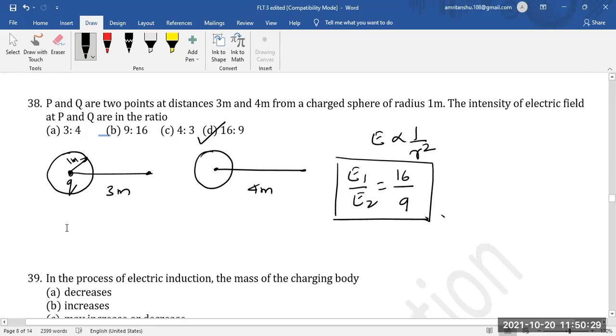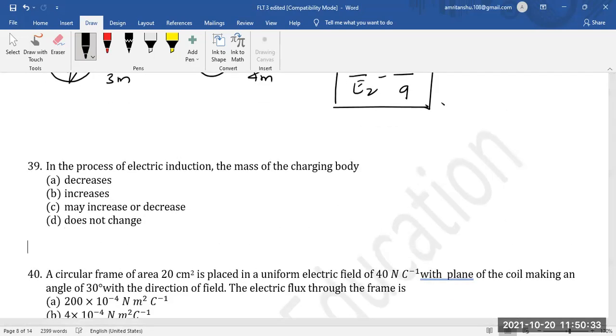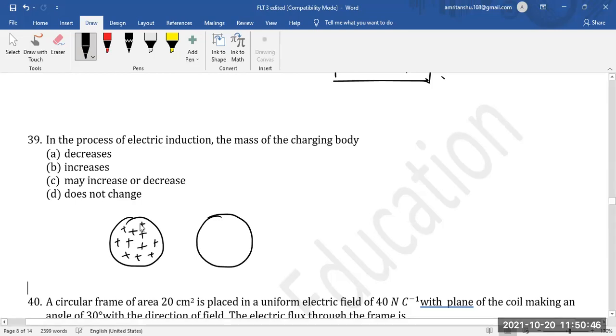Moving on to question number 39. What happens in the process of electric induction? First we have to know that if, let's say, a positively charged plate is brought near a conducting material, negative charge appears here and positive charge appears here. Because the charge is appearing from itself, there is no change in mass.